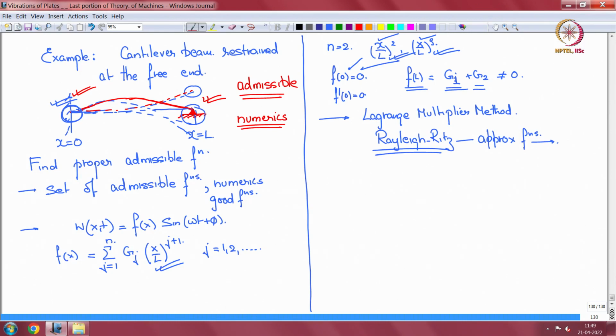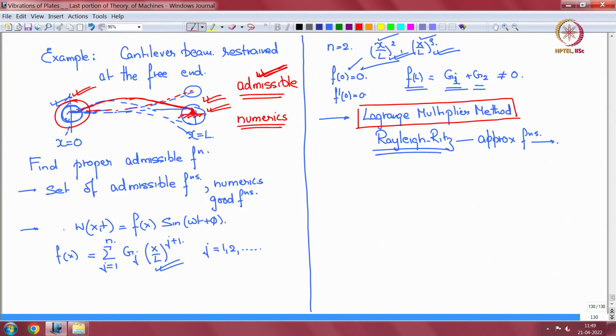So the method we are looking at is the Lagrange multiplier method, where you keep the original functions and use the same functions. Because they do not satisfy these constraint conditions, they are not strictly admissible; they satisfy only partially one side of the conditions. So we will stick with them.